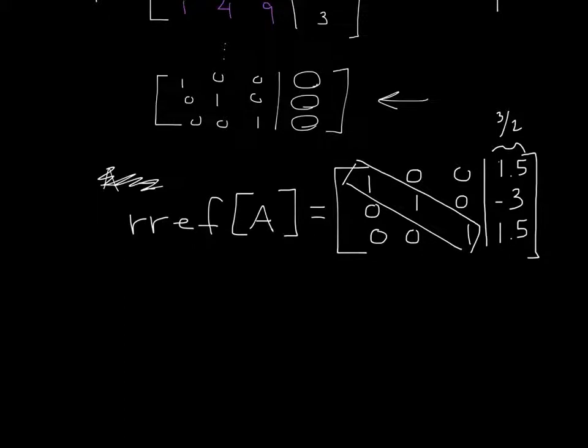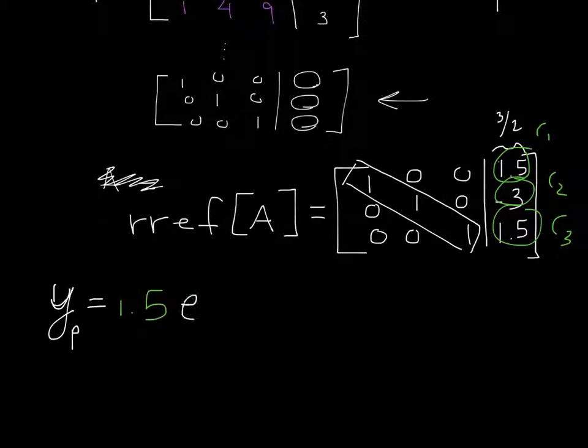Okay, so what is our particular solution, y sub p? Well, we found our C1, C2, and C3. There it is, C1, C2, and C3. So we know C1 is 1.5, so I'll write that as 1.5 e to the x, minus 3 e to the 2x.